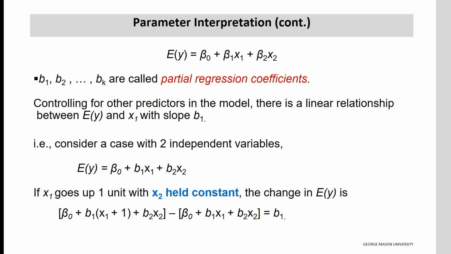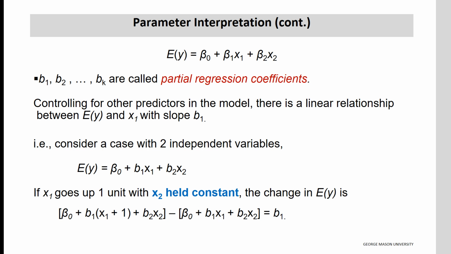These slopes are now called partial regression coefficients. So controlling for other predictors in the model, there is a linear relationship between the expected value of y and x1 with slope b1.